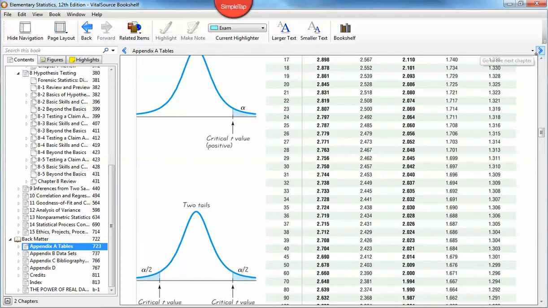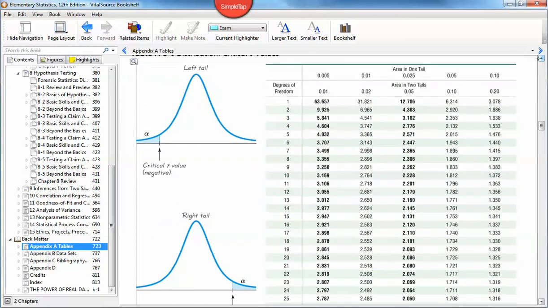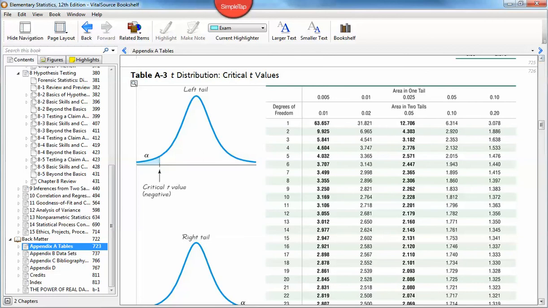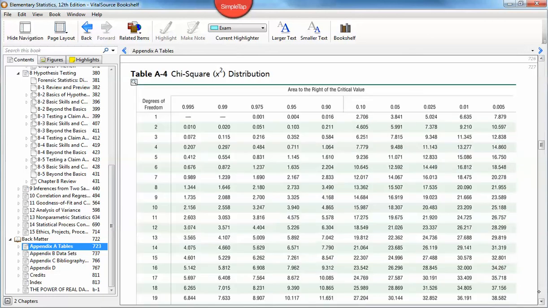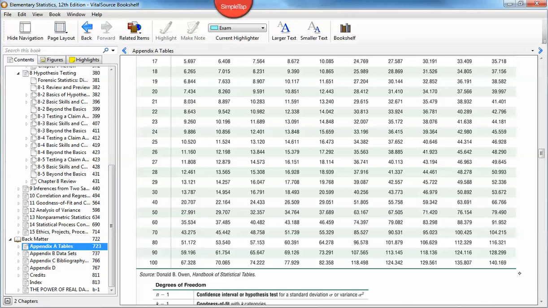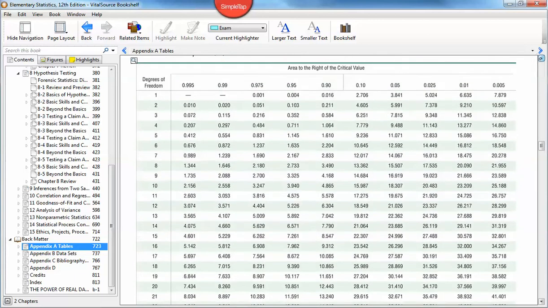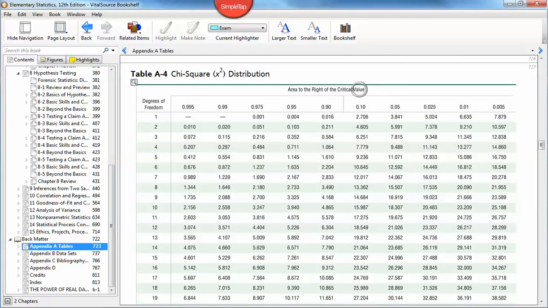All right. So we want to use the column to find the right critical value. Uh-oh, that's the t distribution. Let's go down to the chi-square distribution. And look, it doesn't have 39, it has 40, so we're going to have to use the one for 40. Here's how I knew I was looking at the wrong one: area to the right has to be at the top for chi-square.